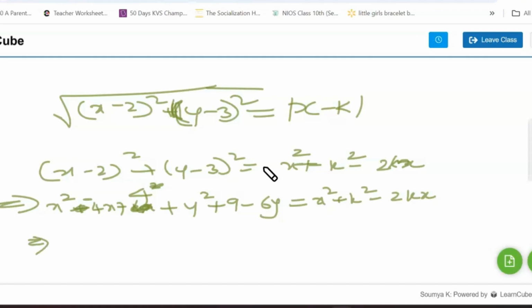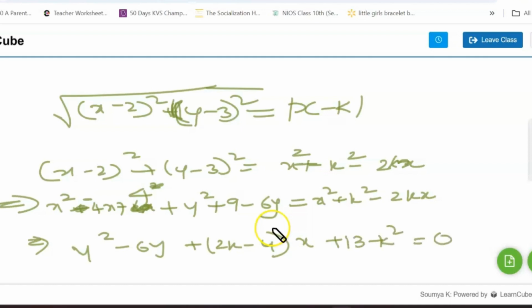Solve the whole equation by bringing like terms on the same side together, and you have to arrive at an answer. The final solution will be looking like y square minus 6y plus 2k minus 4 of x plus 13 minus k whole square equal to 0. This will be the final result that you will be arriving at after so many calculations.